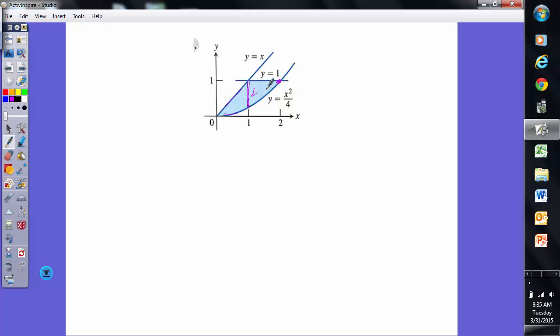So you have two different curves here. So the integral from 0 to 1, the top curve is x, the bottom curve is x squared over 4. And we're going to add that to the area from 1 to 2. The top curve is 1, the bottom curve is x squared over 4. And when you do all of that integration, you should get 5/6.